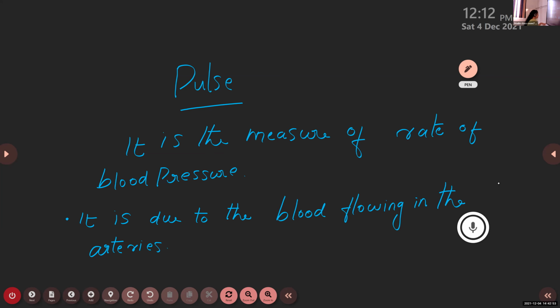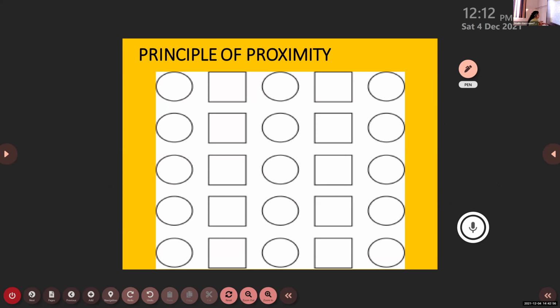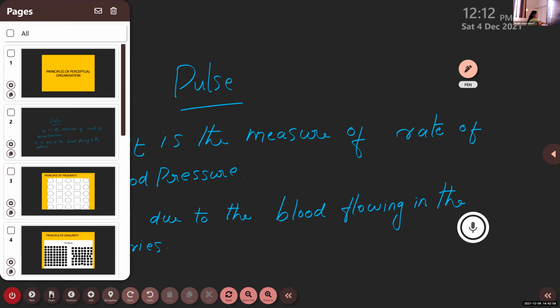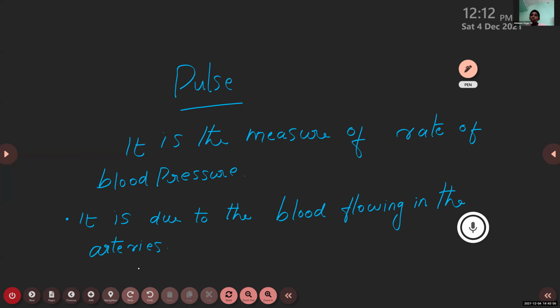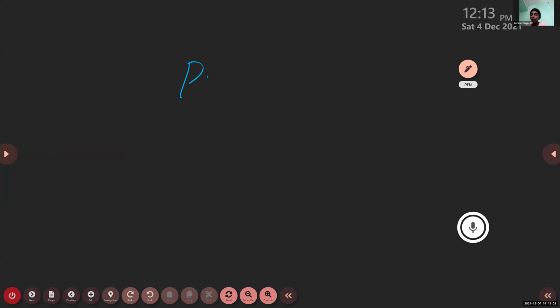Okay. Then what do you mean by pulse rate? The number of beats per minute is called pulse rate.